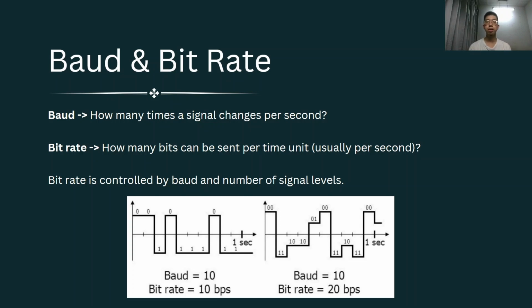Baud is basically how many times a signal can change per second, and bit rate is how many bits can be sent per unit time, usually calculated per second. From this picture we can see the difference between baud and bit rate, and clearly see that the bit rate is affected by the baud and the number of signal levels. Next, Oscar will introduce the concept of amplitude modulation.